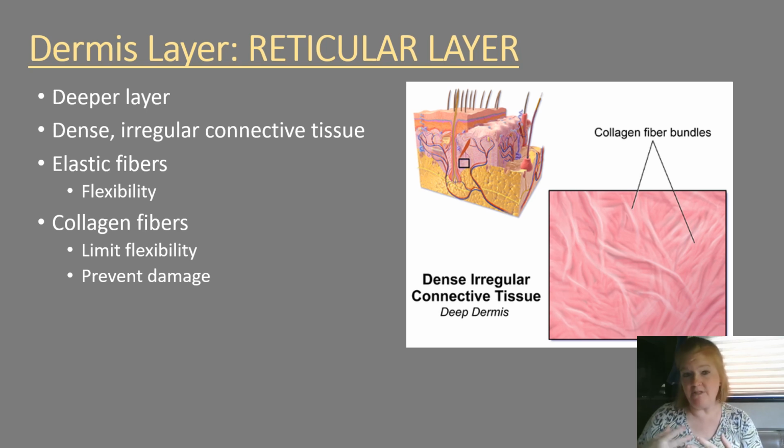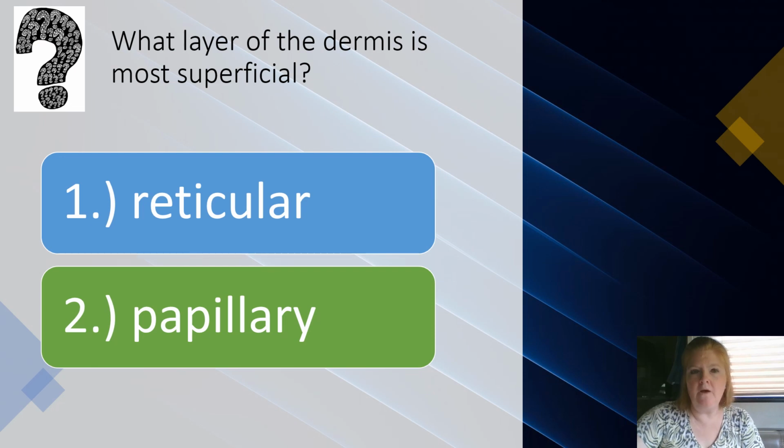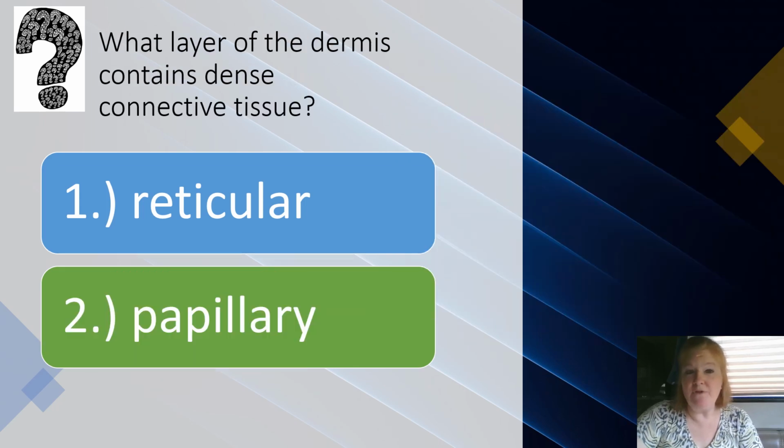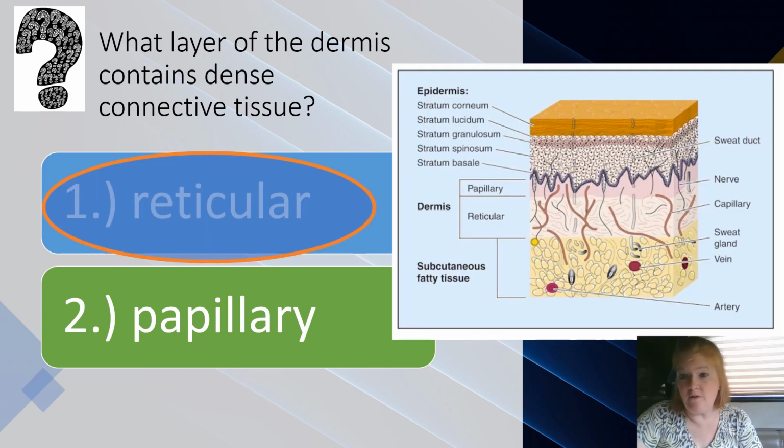The elastic fibers allow for flexibility. Which layer of the dermis is most superficial? That's the papillary, like the papilla. What layer of the dermis contains dense connective tissue? Reticular. The papillary is loose.